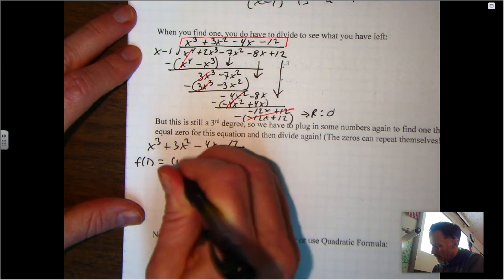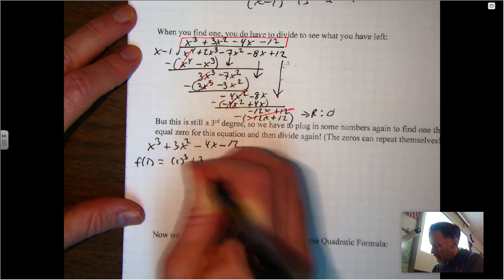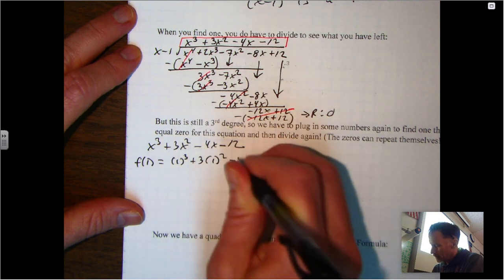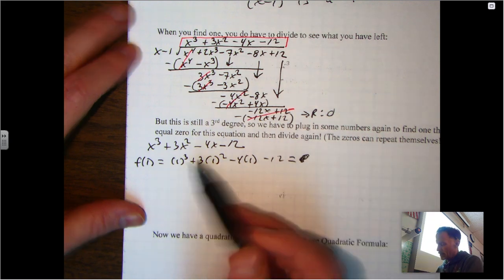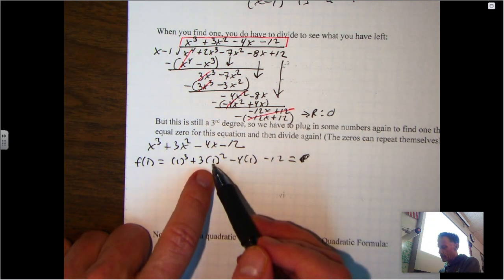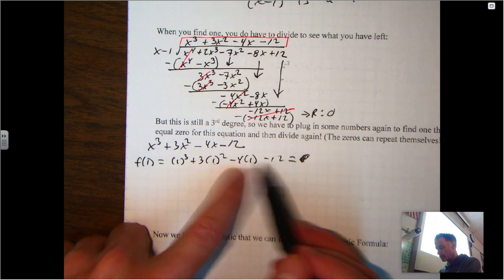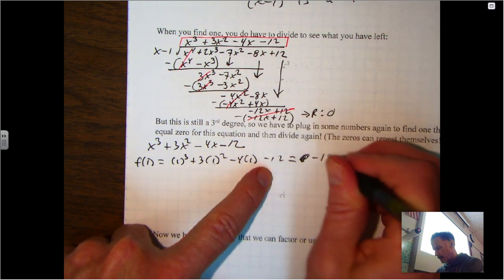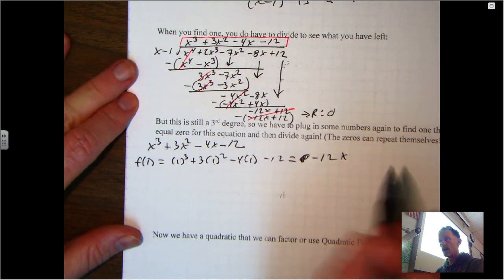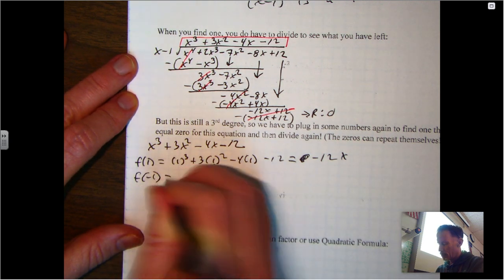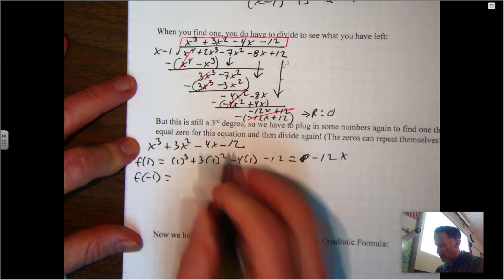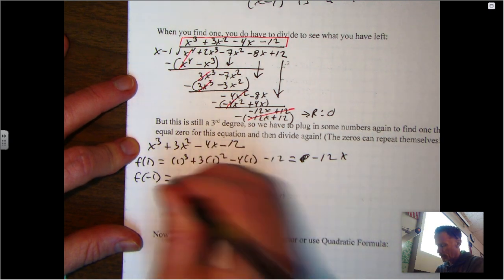So 1 to the third plus 3, 1 squared, that's 4 times 1 minus 12. Oops. So you got 1 plus 3 is 4. 4 minus 4 is 0, but minus 12, so that's equal to minus 12. So nope, it does not repeat. So we move on. How about negative 1? And again, I'm plugging it into that thing I have left over, my reduced polynomial, as it were.